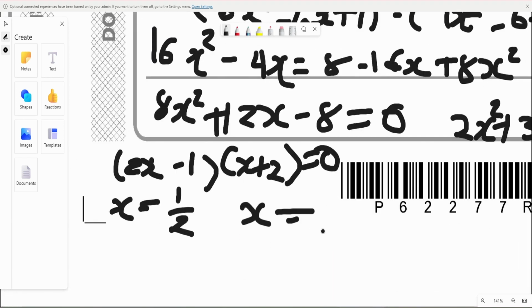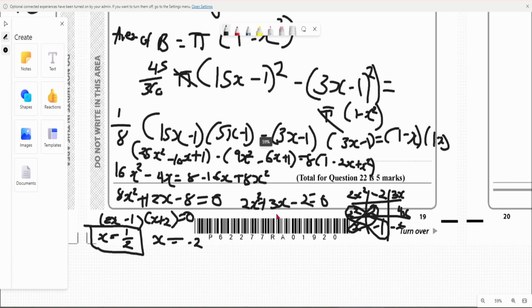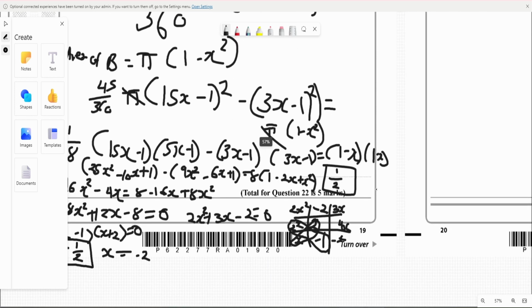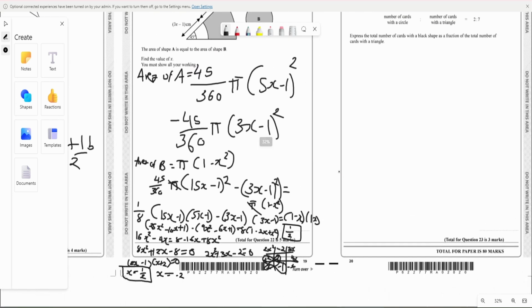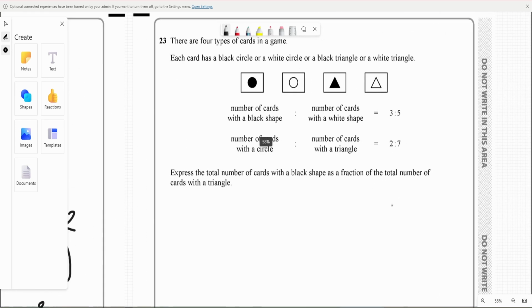Or minus 2 on both sides, x equals minus 2. Now, knowing this, we cannot have a negative, so this answer doesn't even matter. Our real answer is just x equals a half. That was a very long one, but there we are.